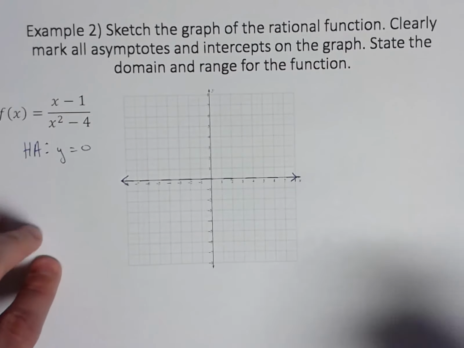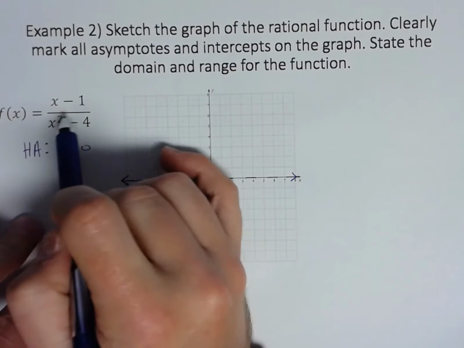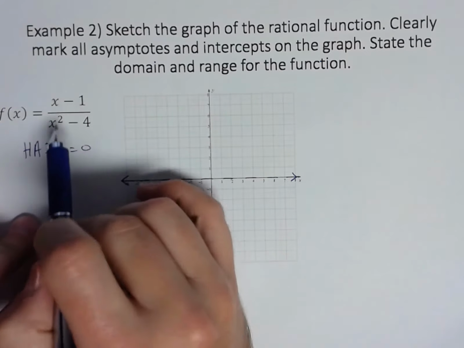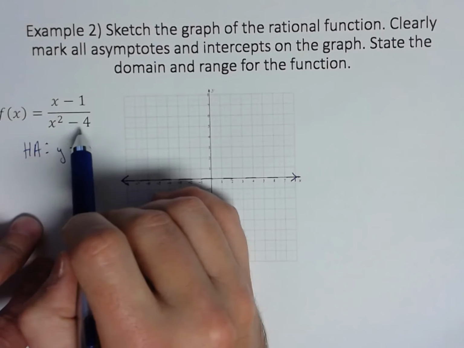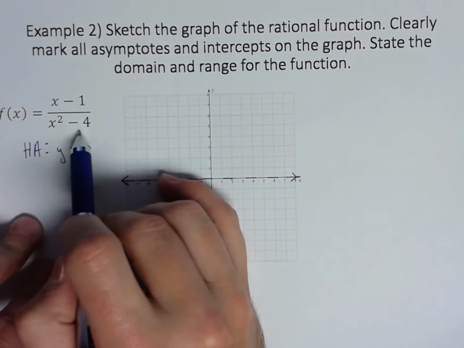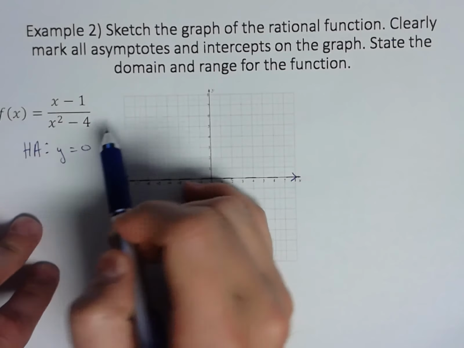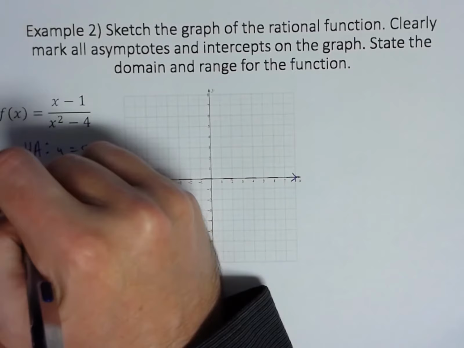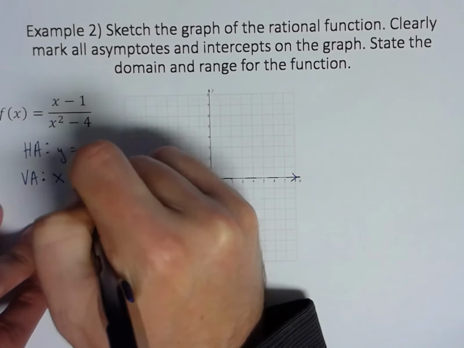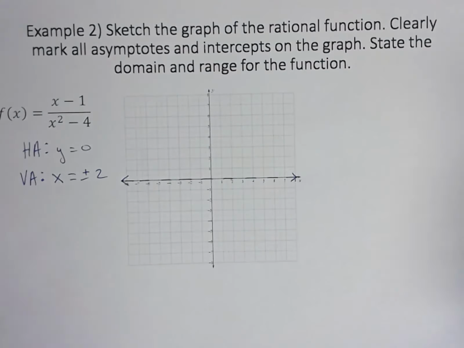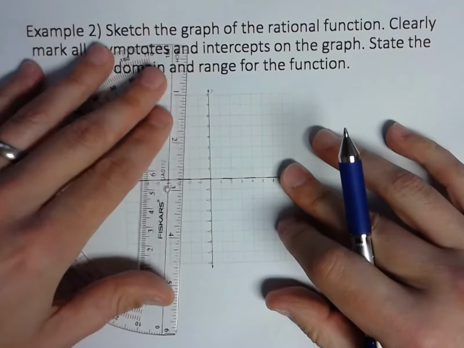How about vertical asymptotes? Well, that comes from our denominator. So if you solve this denominator, a couple ways. You could factor it, x plus 2, x minus 2, or just set it equal to 0, add your 4, square root both sides. So we've actually got vertical asymptotes at x equals plus or minus 2. So we've got two vertical asymptotes in this case.